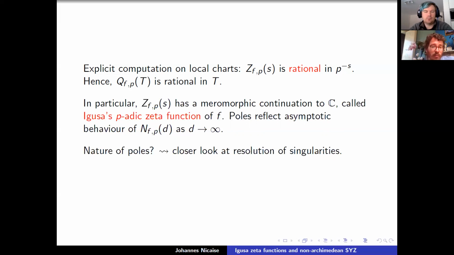So now the problem has become a bit different, a bit more geometric, a bit more analytic. We try to understand the poles of this p-adic zeta function that we have defined. And in fact, if we investigate Igusa's proof, we get some information about the shape of these poles.